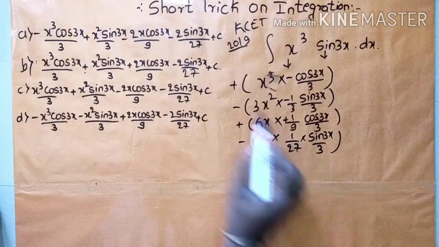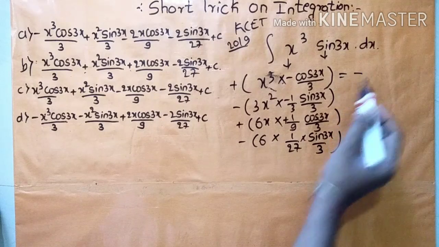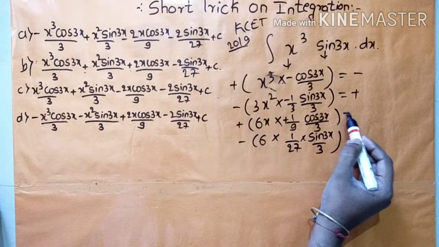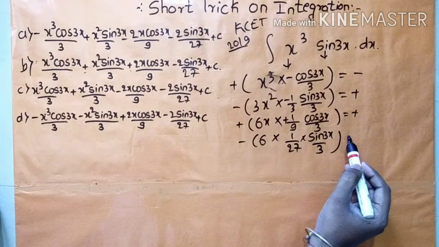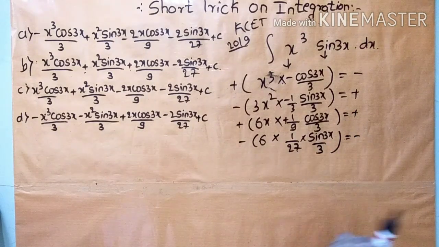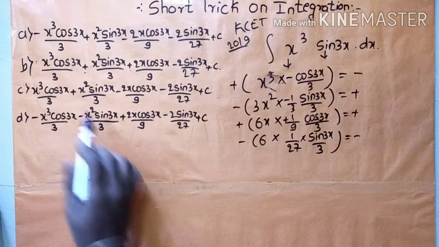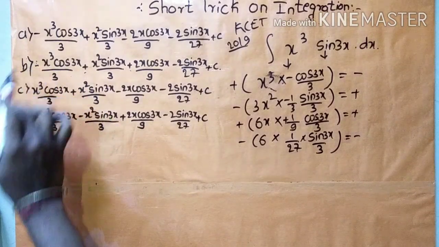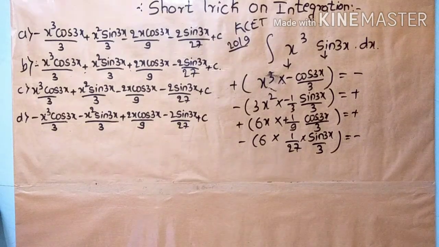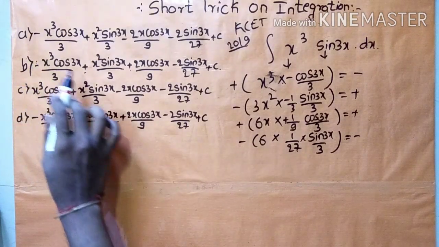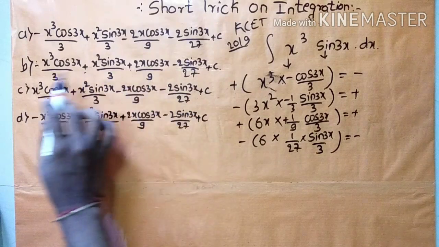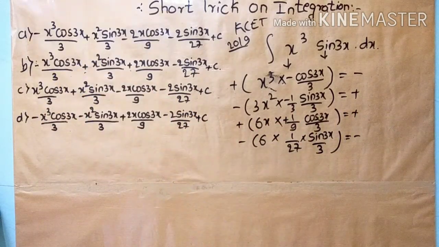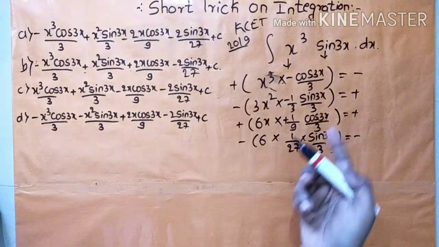So here plus into minus you will get this term as minus, minus into minus you will get this one is plus, plus into plus you will get this one is plus, this one you will get minus. Okay, without simplification you can mark the options. If you observe here, it is the first one. If you observe the options, this one is nothing but minus plus plus minus. So this is the only option available with this sign. If any other options are available, then we can go for that, or if you want you can simplify.